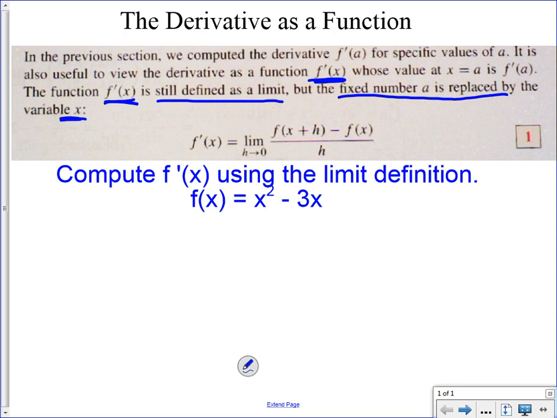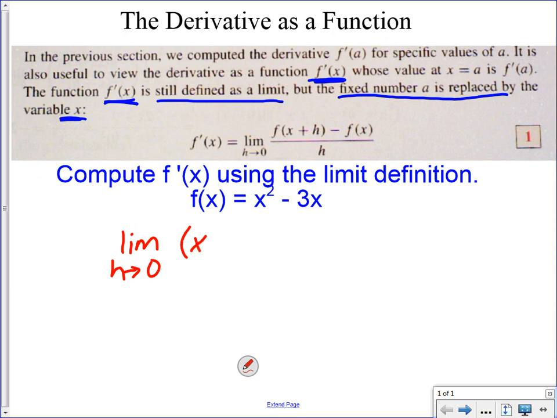We want to compute f prime of x using the limit definition. f of x is equal to x squared minus 3x. So this is going to become the limit as h approaches 0 of f of x plus h. That means I'm going to substitute x plus h in for x.